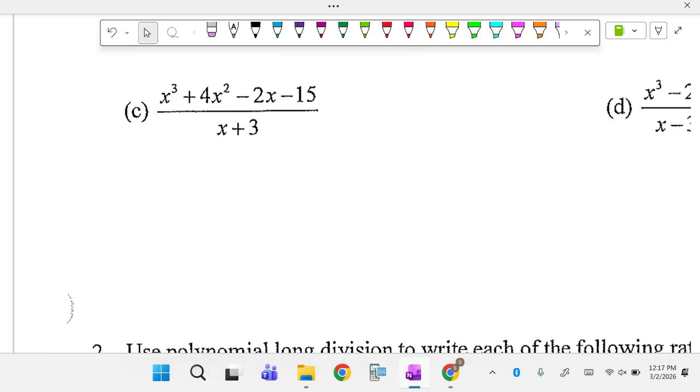So packet, page 7, letter C. You have 3 X's to take away.